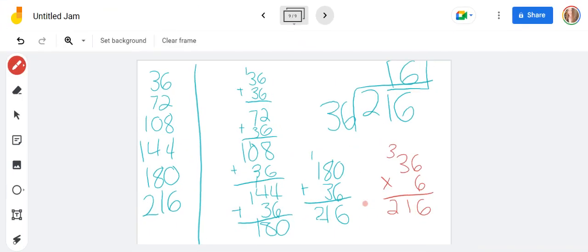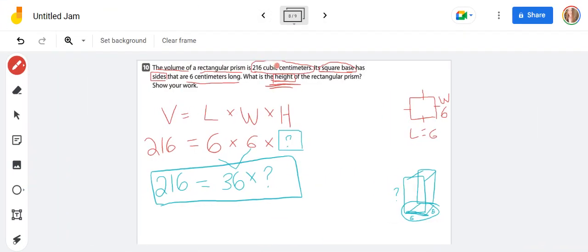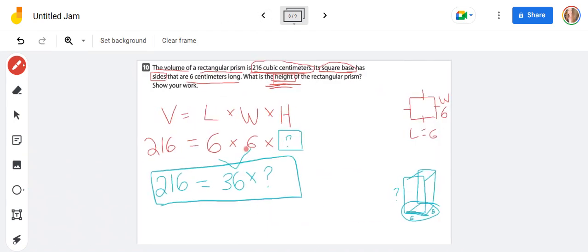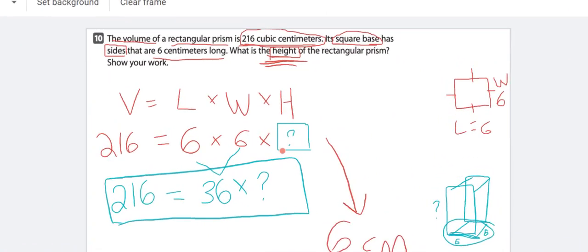I got 216. So I notice here, the volume was 216. And when I got my answer of 6, when I checked it, it did in fact give me the volume. So I know that the missing height must be 6 centimeters.